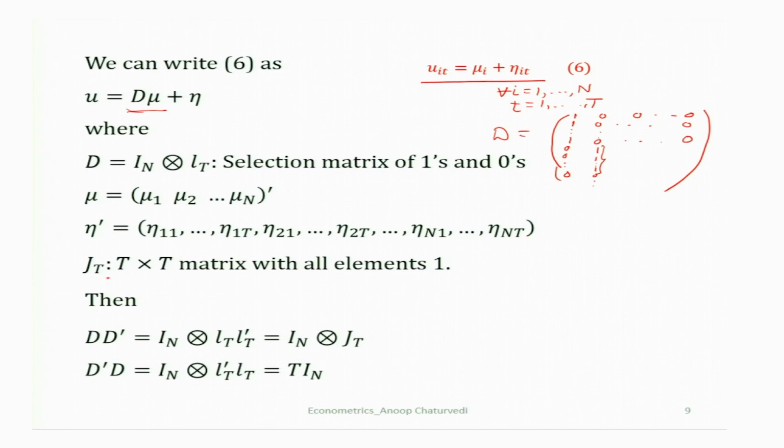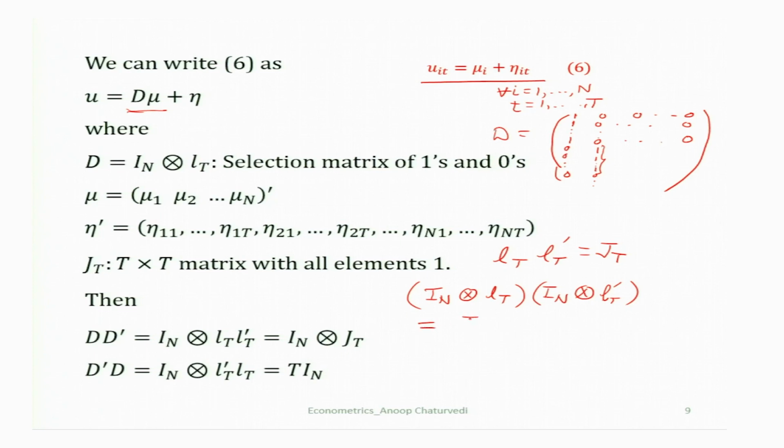Then J_T is the T cross T matrix with all elements equal to 1. So, obviously, l_T l_T transpose is equal to J_T. Then, D D transpose is equal to I_N Kronecker product l_T, times D transpose, which is I_N Kronecker product l_T transpose.